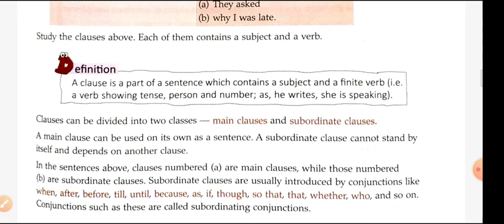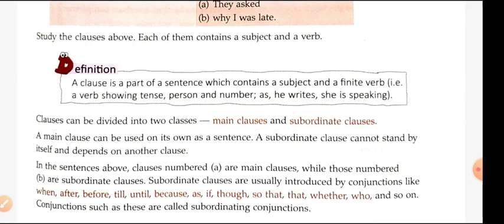Definition: a clause is a part of a sentence which contains a subject and a finite verb. That is a verb showing tense, person, and number, as in he writes, she is speaking. I repeat, a clause is a part of a sentence which contains a subject and a finite verb, that is, a verb showing tense, person, and number.